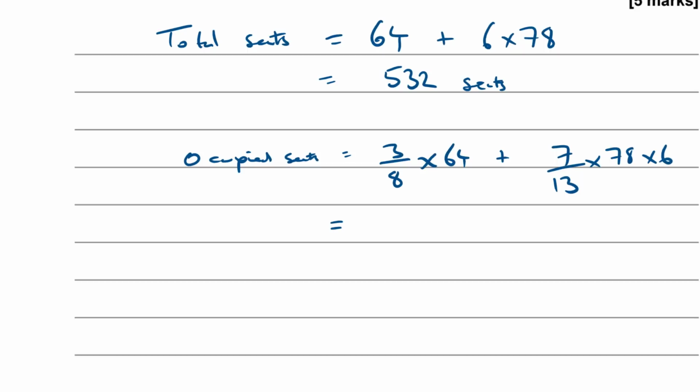3/8 of 64, that is 24 seats, plus 7/13 of 78, that's 42 seats, times 6. 42 times 6, 252, add 24, is 276 seats.